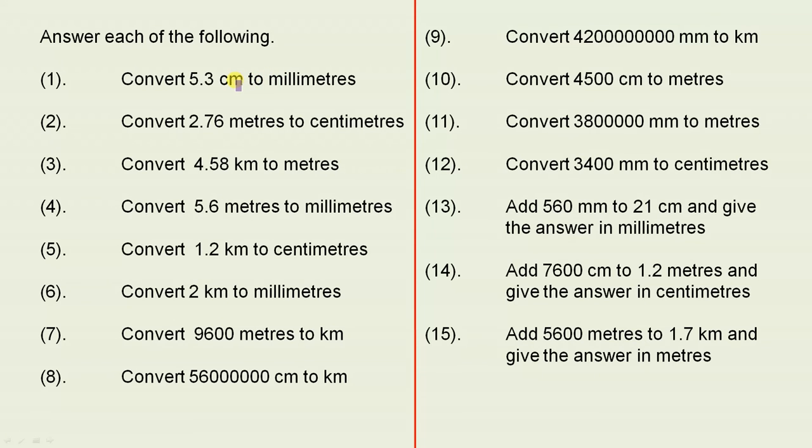So from a larger to a smaller, what do we do? Down here, from a smaller length to a much larger length, what do we do there? Okay, so they're the two differences. So you'll always have the choice. Do I do multiplication? Do I do division? But you always need to work out the conversion first.